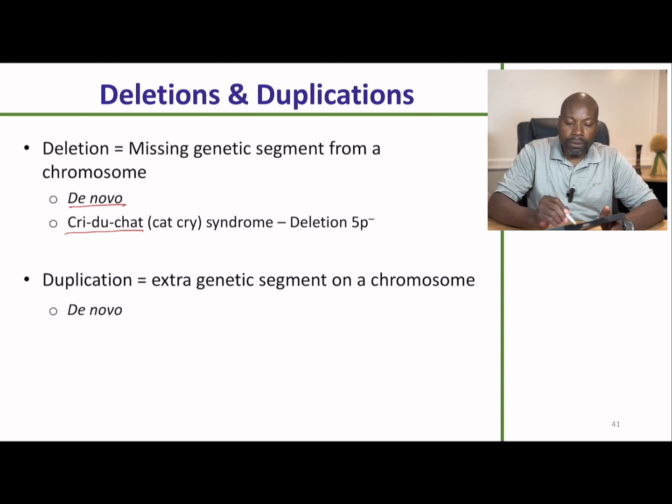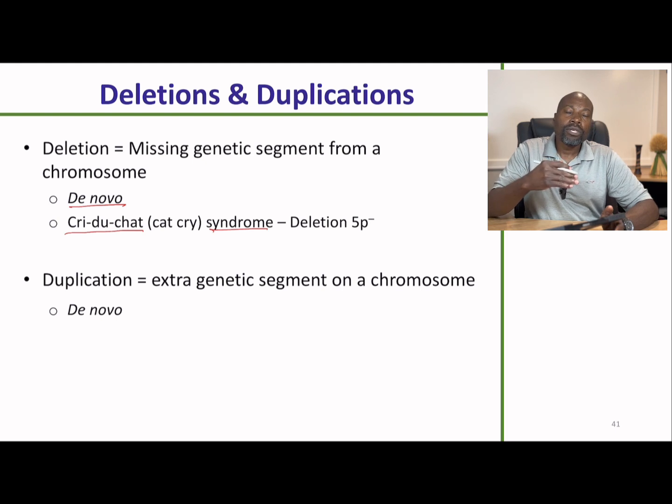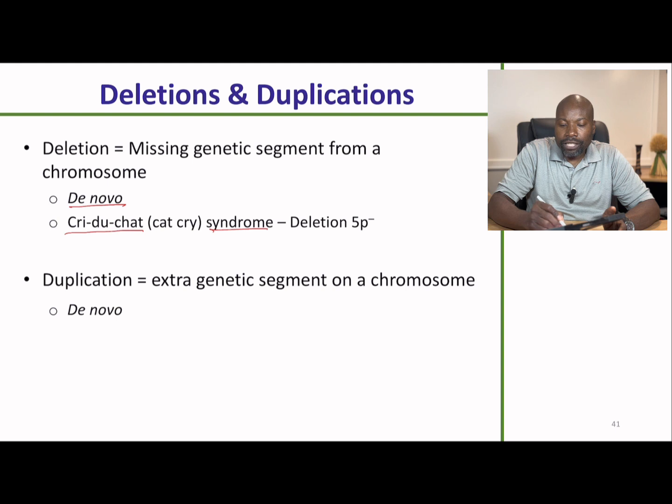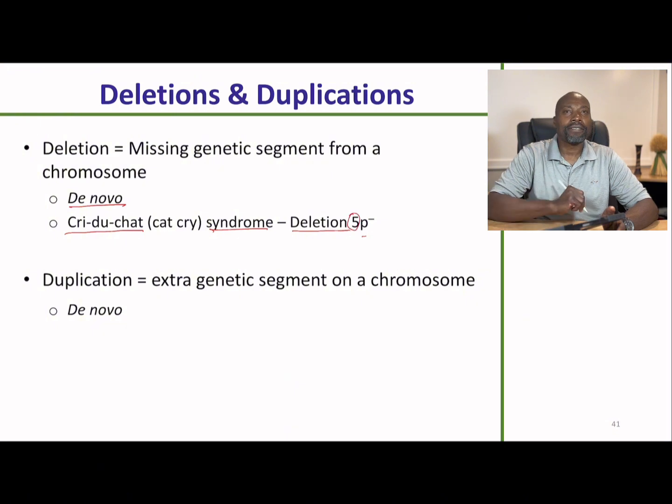The cri du chat syndrome is typical to the voice, the pitch of the voice in the individual that is reminiscent of a cat that is crying, right? Because of the change in the structure of the larynx, the pitch of the voice changes, right? So this is a deletion that happens on P. Remember, P is what? Short arm. Which chromosome? Chromosome number 5, right?